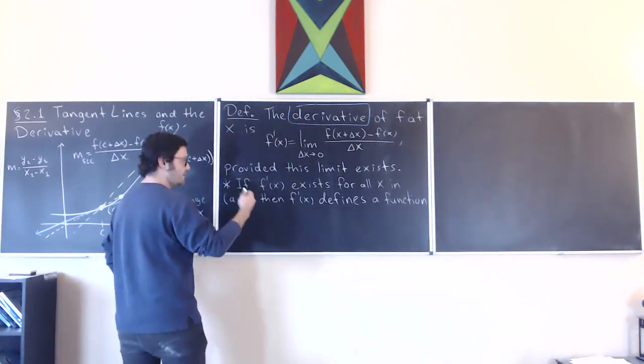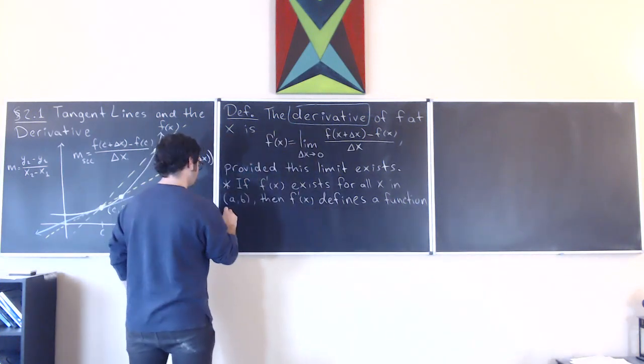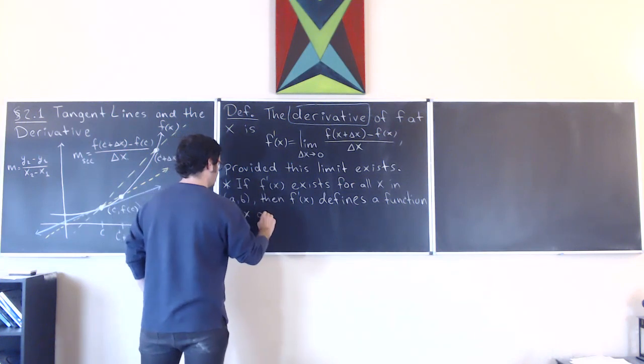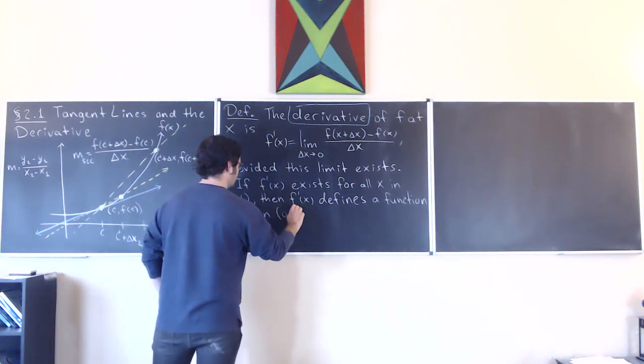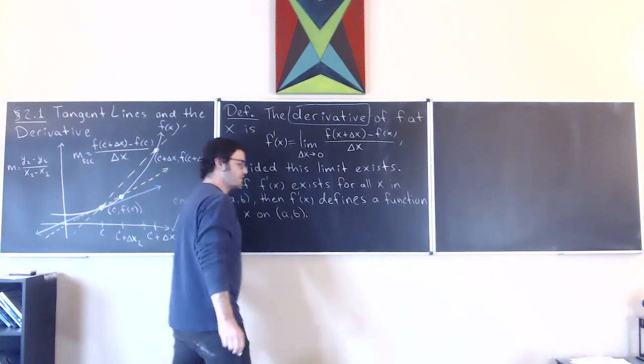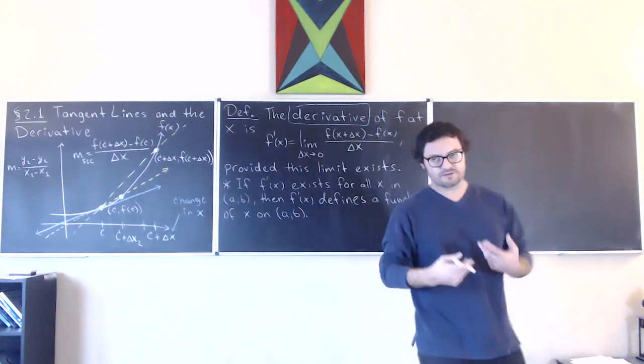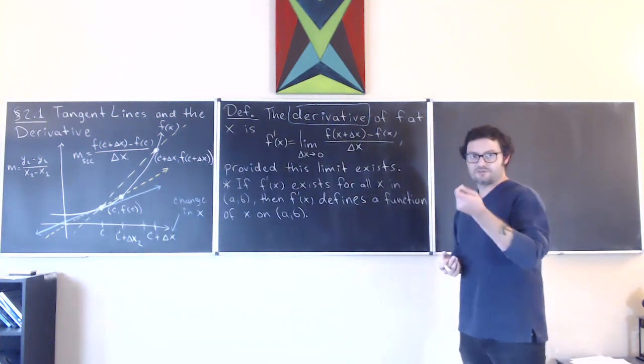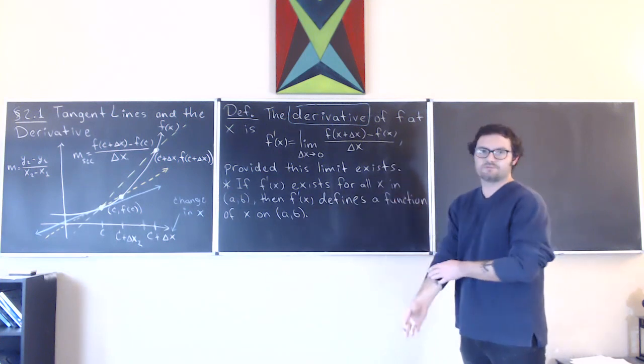So f prime of x defines a function of x on that open interval, where the output of that function is the slope of the tangent line at that point for each of the points in that interval.